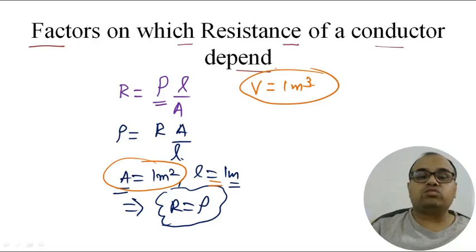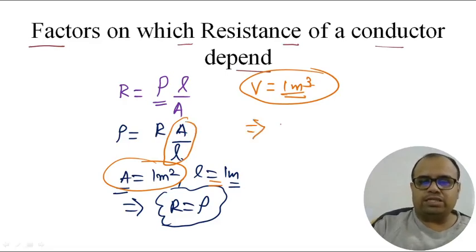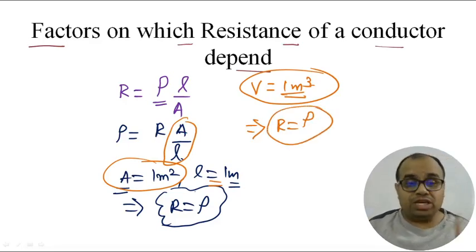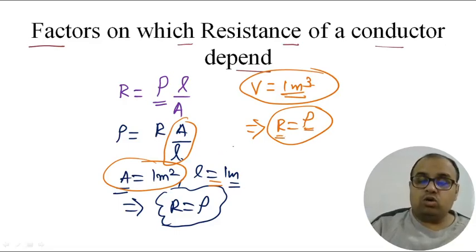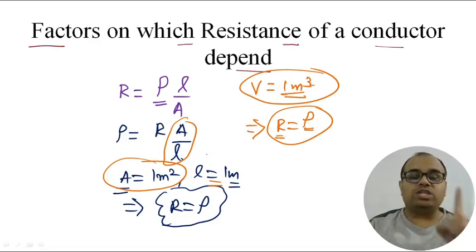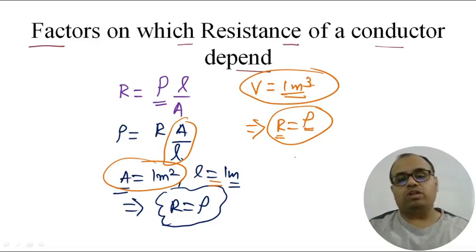Substituting these two 1s, we get R equals rho. So resistivity is the resistance of a conductor whose volume is 1 meter cube.